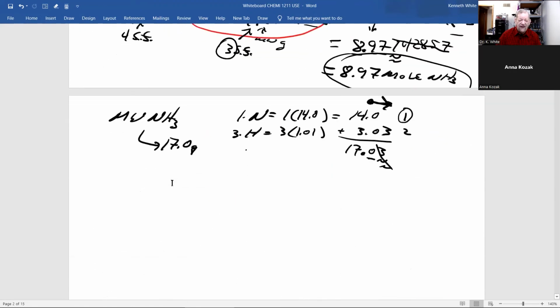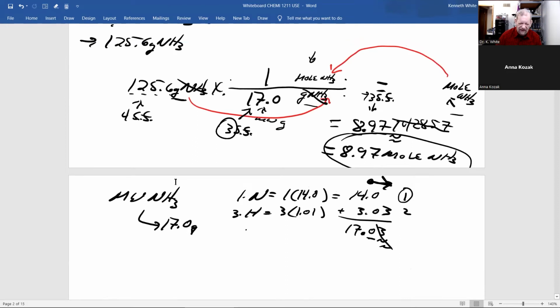So we need to figure out the molecular weight of ammonia, and it's the sum of all atomic weights: 1 nitrogen, 3 hydrogen. To 3 significant figures, the atomic weight from the periodic table, the number underneath the chemical symbol, is 14.0 for nitrogen, and hydrogen, which we've done before, is 1.01. Multiply: 1 times 14.0 is 14.0, 3 times 1.01 is 3.03.